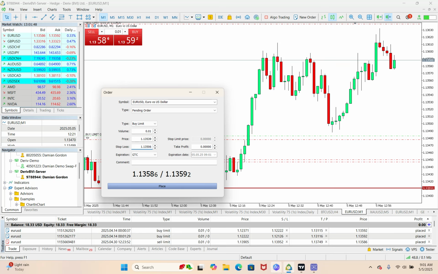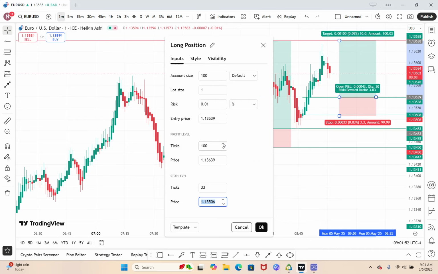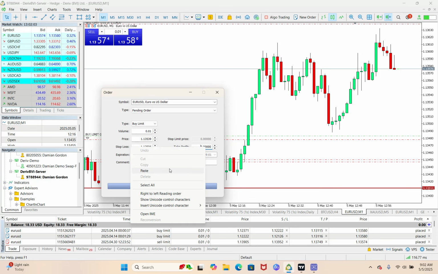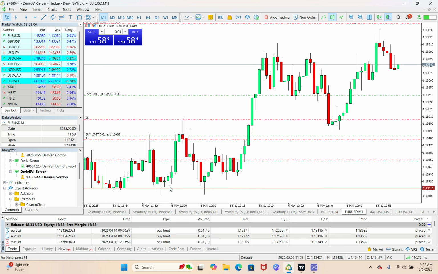Paste. Take profit. Have to do it quick because the market is close. Okay.